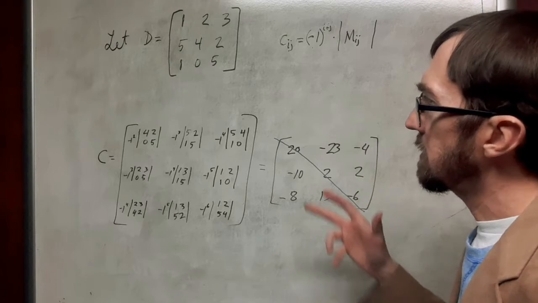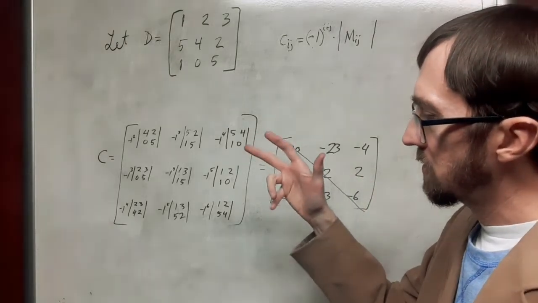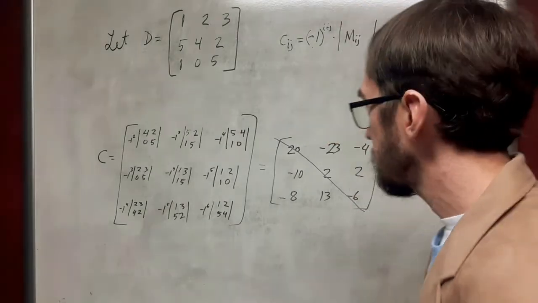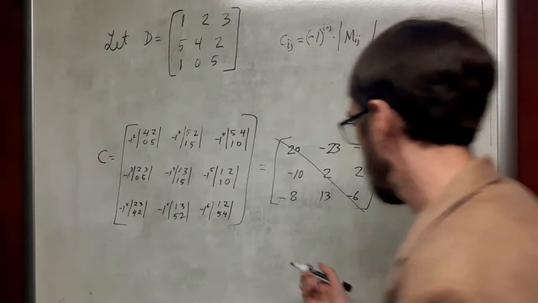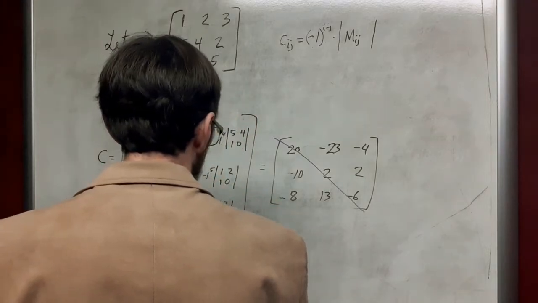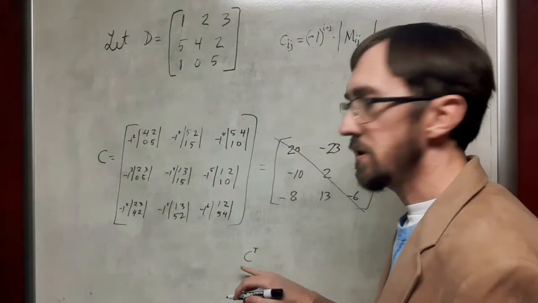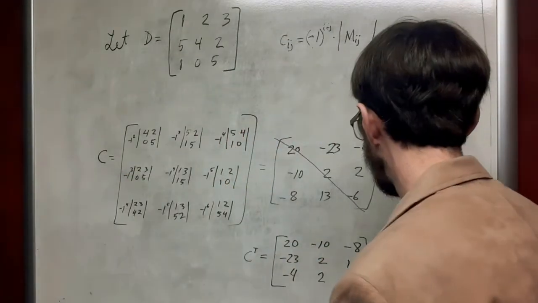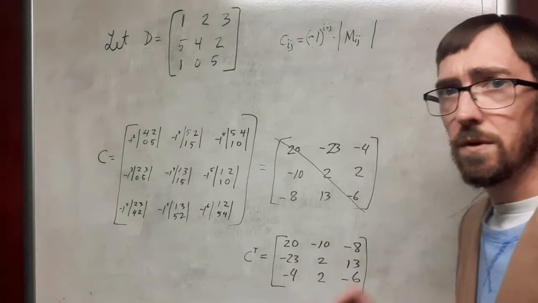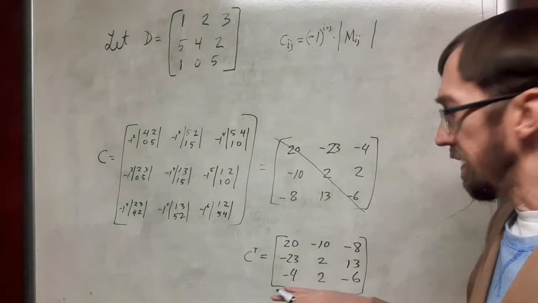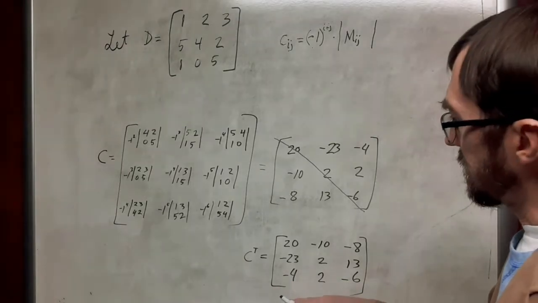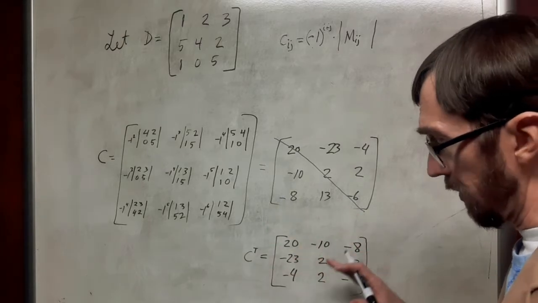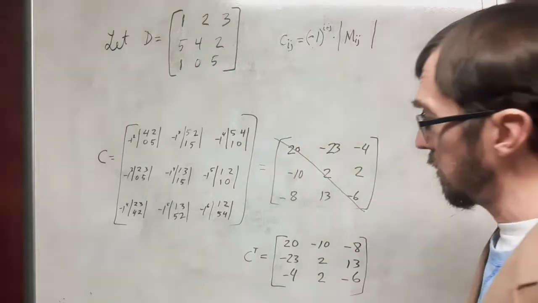That is the idea of the transpose of this matrix. We designate this with a superscript T. All right, so hopefully if I've done this correctly, we have this as the transposed cofactor matrix, and this is what we are calling the adjoint of the original.